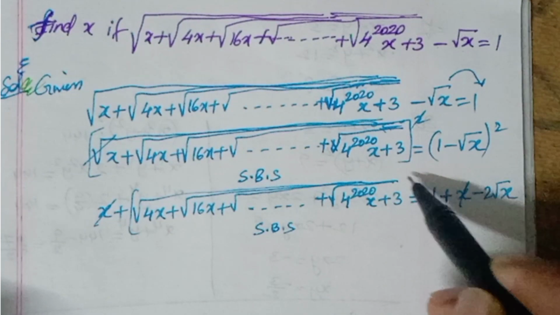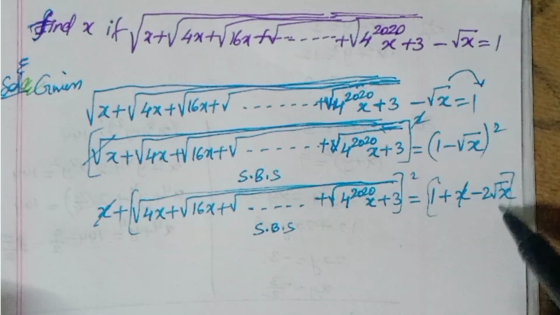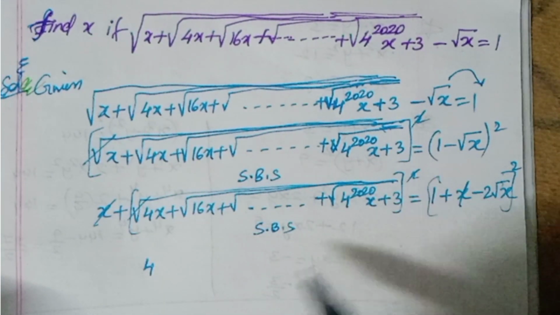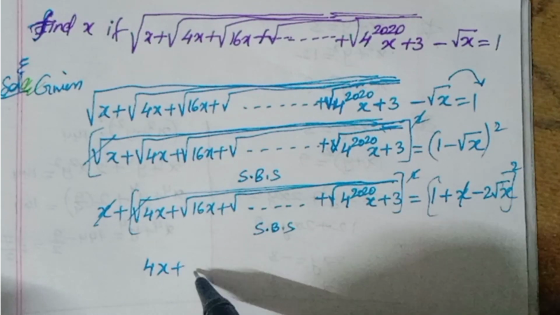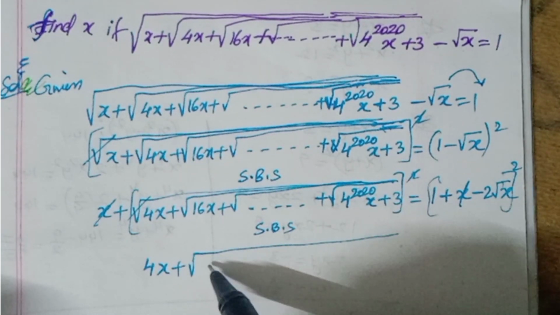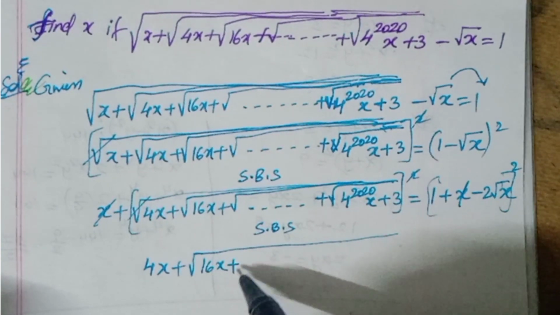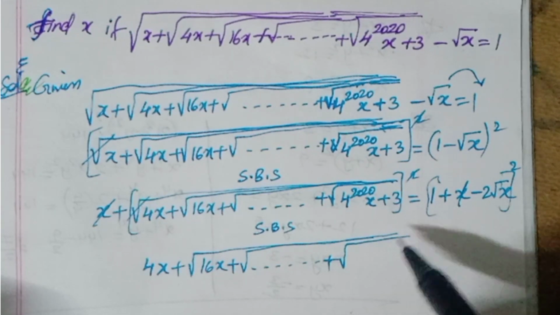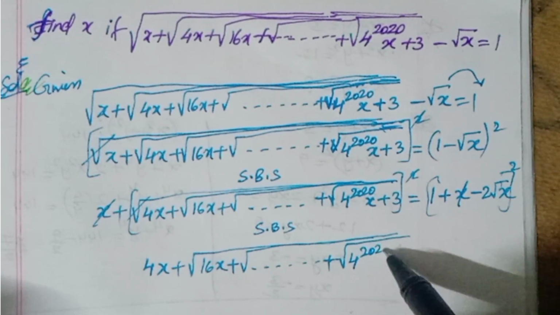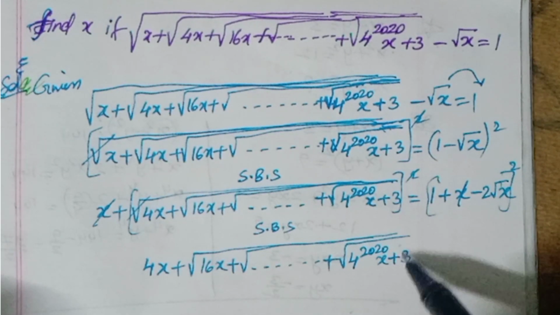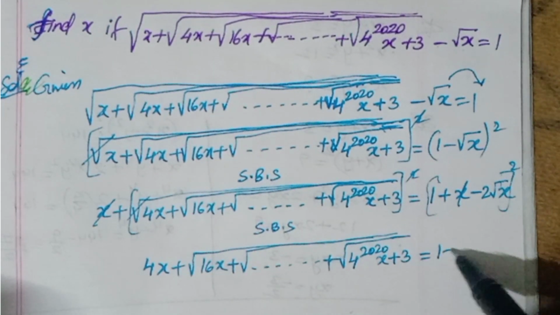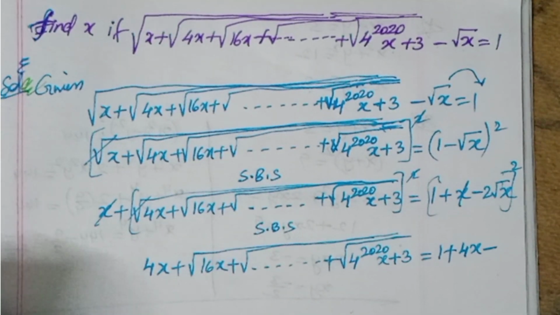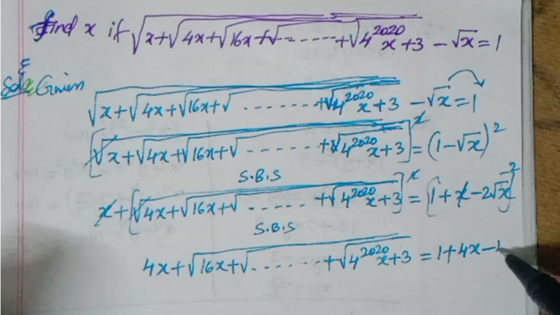If you do it a second time, the square root and square will get cancelled. 4x plus square root of 16x plus square root so on plus square root of 4 to the power of 2020 x plus 3 is equal to 1 plus 4x minus 4 root x.